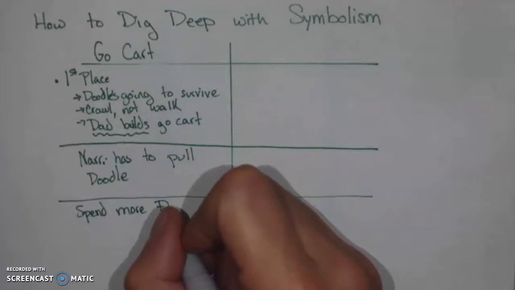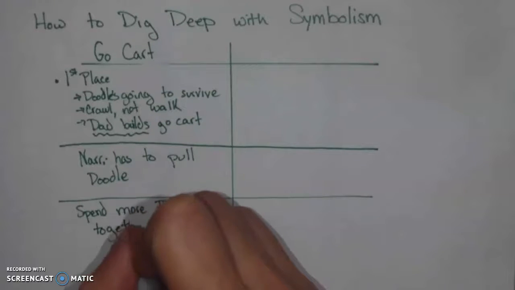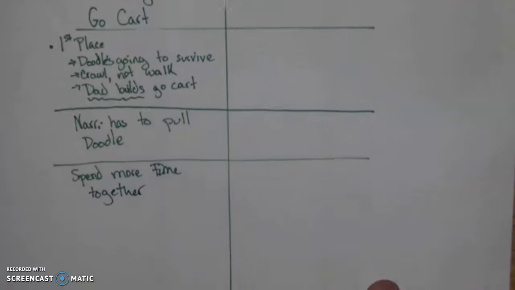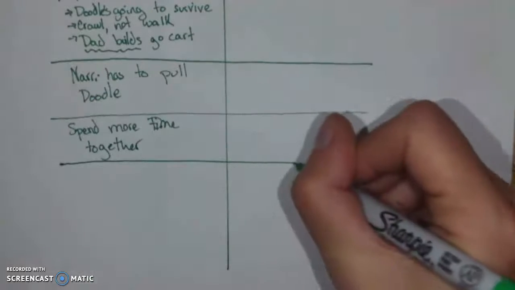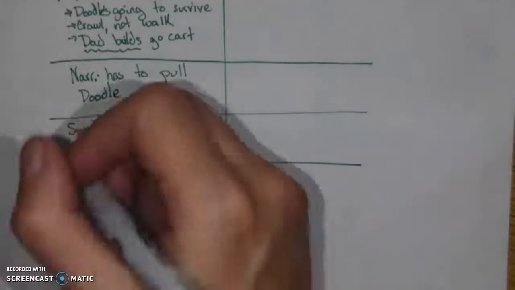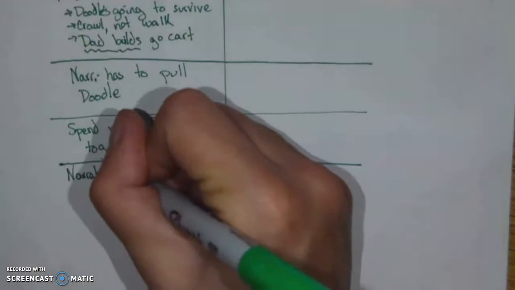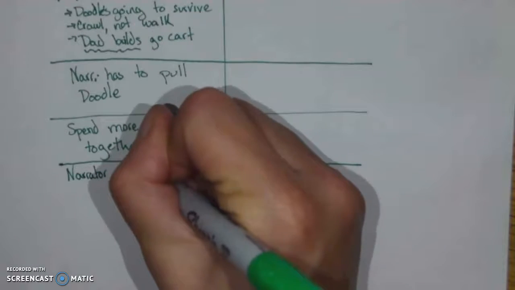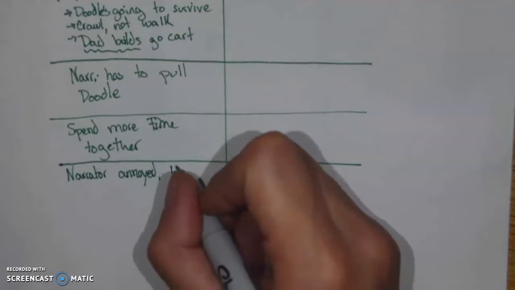So more time together. And going even further, we find out that even though the narrator was annoyed, he comes to be resigned to it. He comes to like it even.